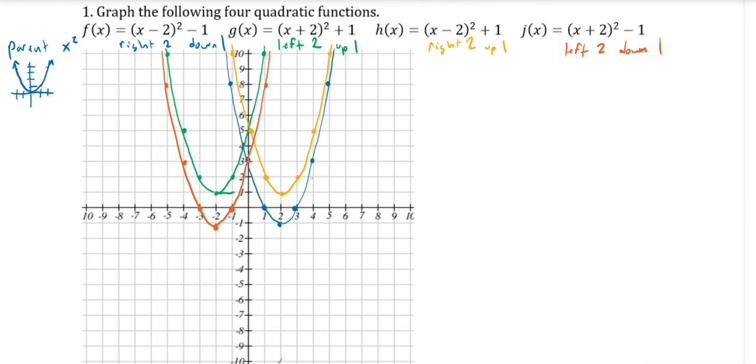And then I go over 1, up 1, over 1, up 3, over 1, up 5, and I put those points there. Likewise, on the other side, do the same thing. And once I had those points graphed, I would connect them. For the yellow graph, we're doing the same thing just by going right 2 and up 1. And for the orange graph, I'm going left 2 and down 1.